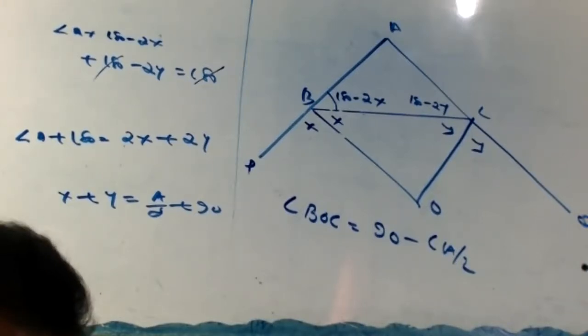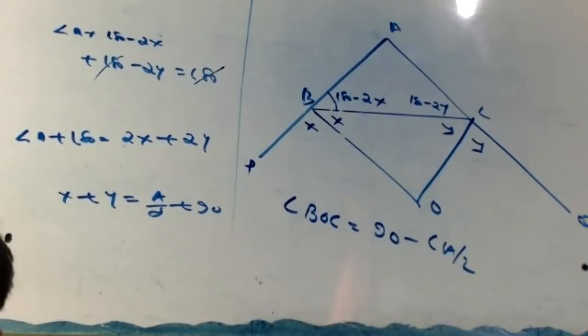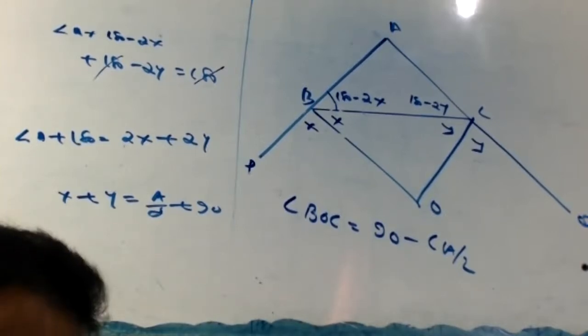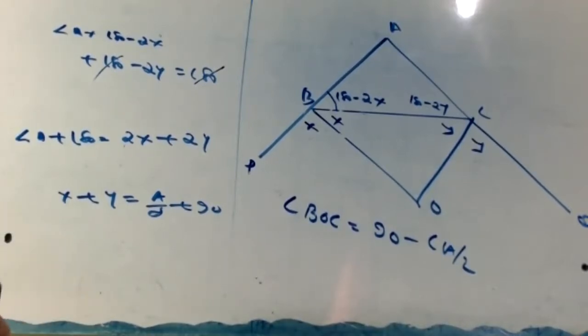In triangle ABC, angle A plus angle ABC plus angle ACB 180 degree.